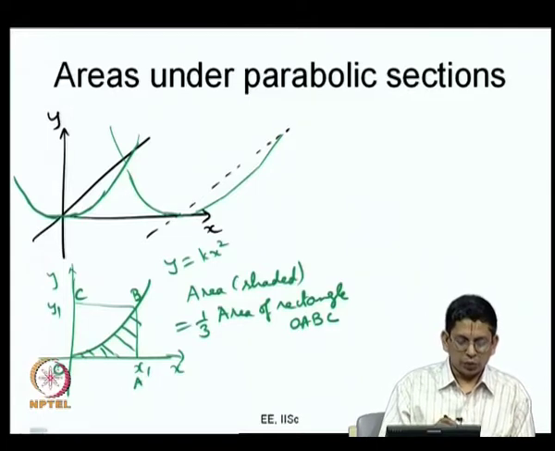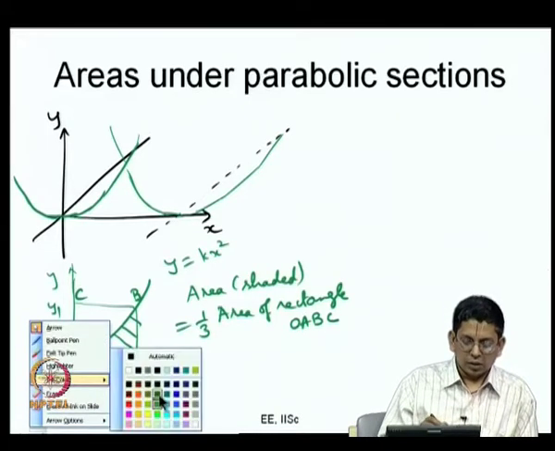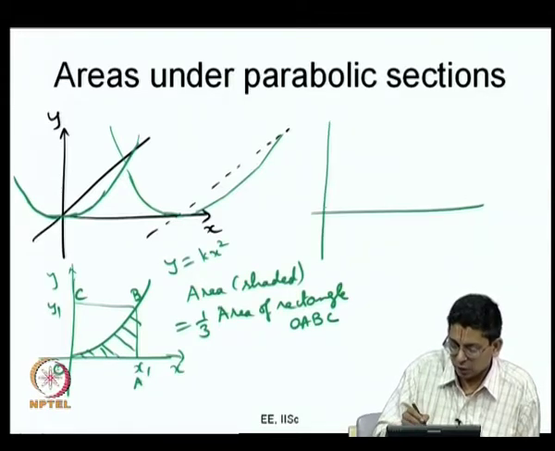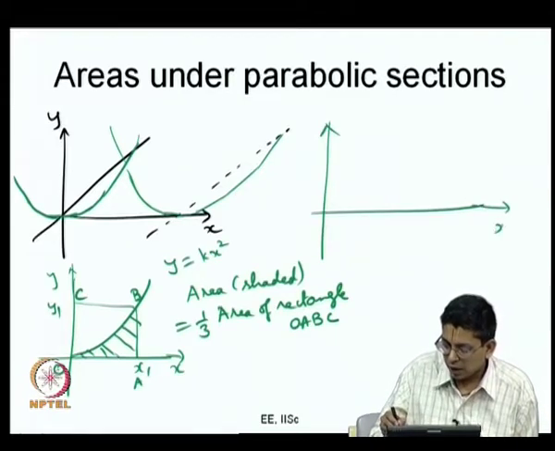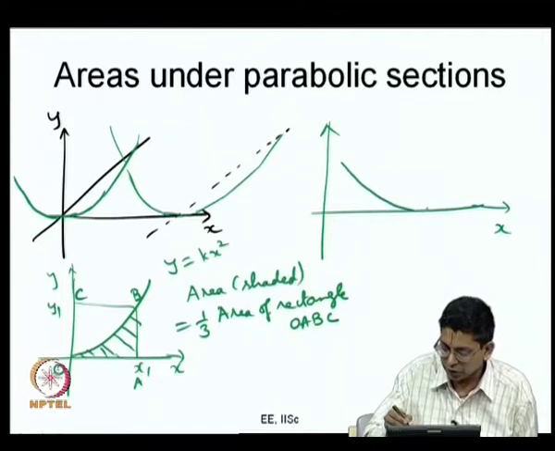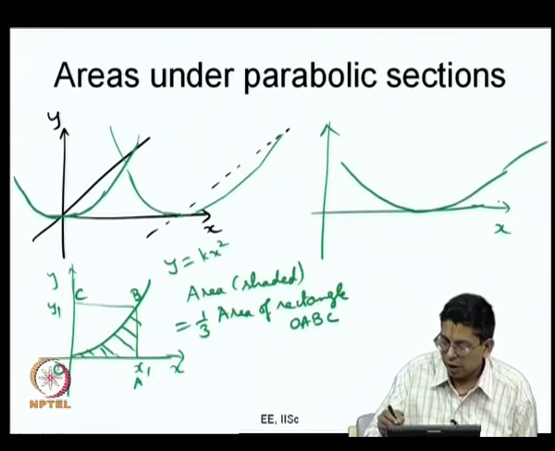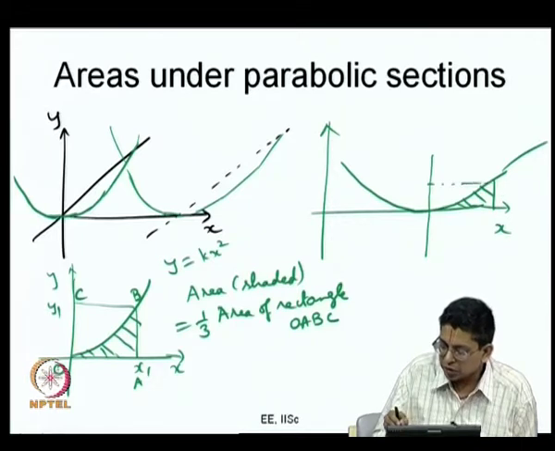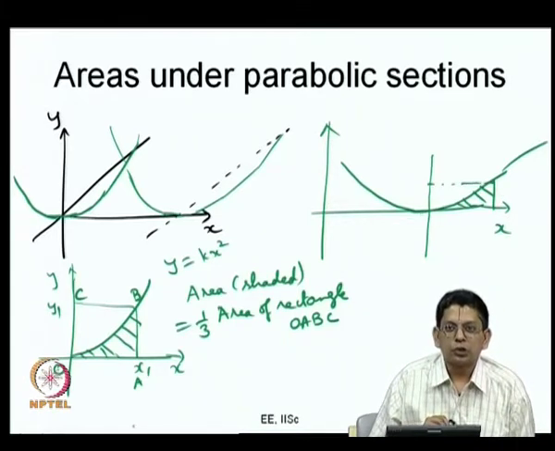That is true when you have the parabola somewhere else also. For example, if you take the x axis and the y axis being here, and let us say you have a parabola like this, and now we are looking at this shaded area. This is the axis of the parabola. Once again you can construct this rectangle.